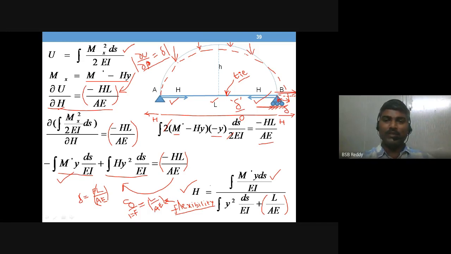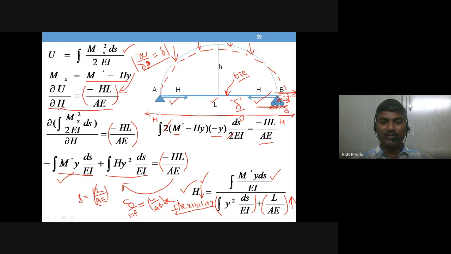Since you are adding something to the denominator, the entire denominator value is going to increase, and H will reduce.